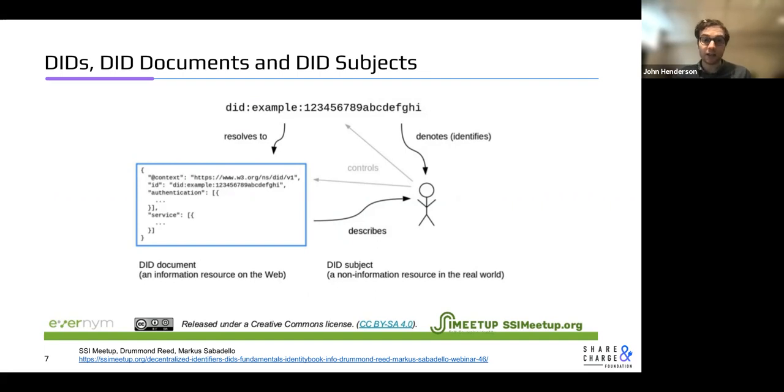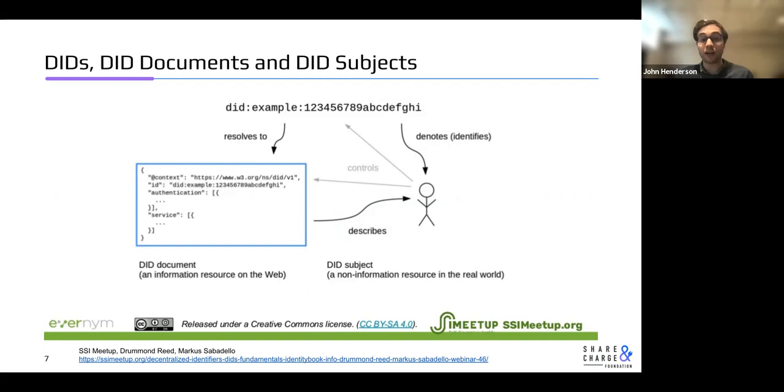So that DID then resolves to a DID document, which has a set of properties. The core ones there are the authentication and service. Essentially, the authentication lists the public keys associated with this DID, and the service is a bit of an innovation, I'd say, that DIDs are bringing to the table, a way of associating service endpoints as well with identifiers.